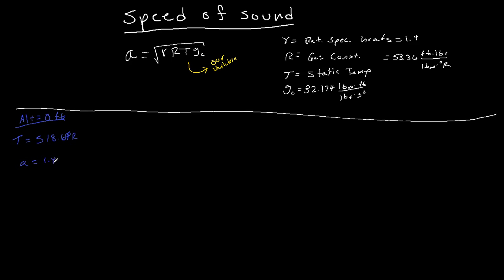So we're going to have 1.4, which is our gamma. And then we have R, which is 53.36 foot-pounds force per pound mass Rankine. And our temperature, which we decided is standard sea level temperature, 518.69 degrees Rankine.